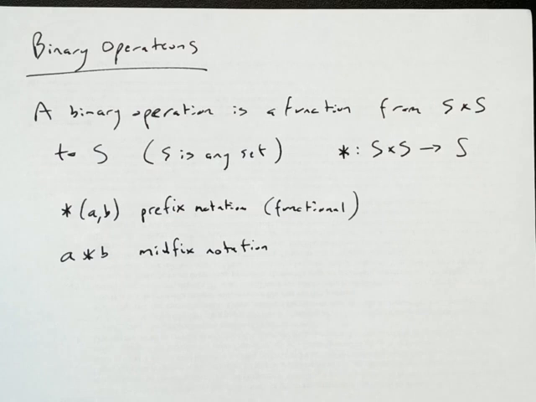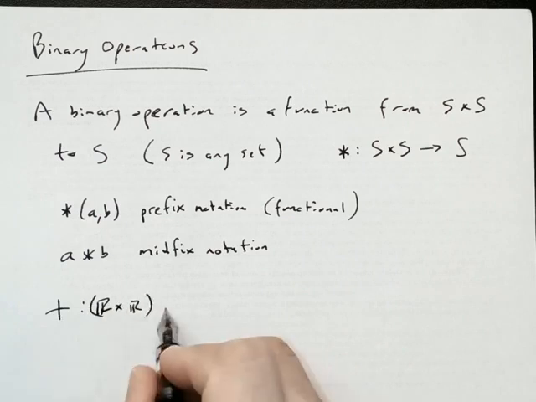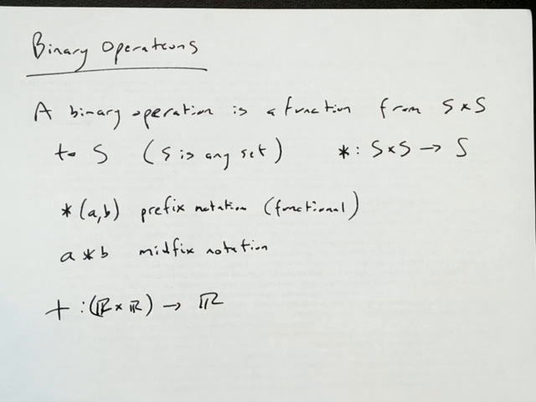But that means that my addition idea in integers, in natural numbers, in real numbers, is a binary operation. You give me two numbers, say add, I give you a third number. Multiplication, same idea, yes?